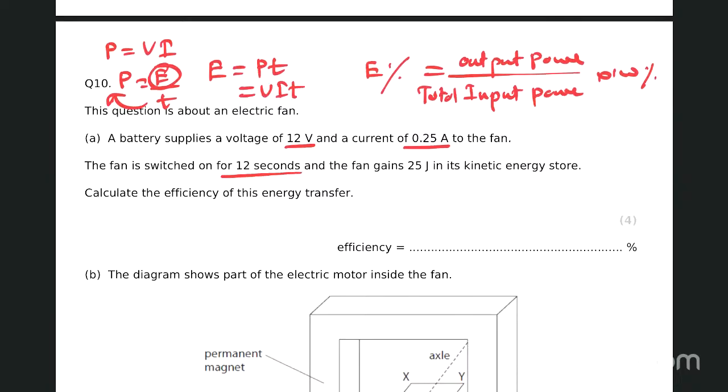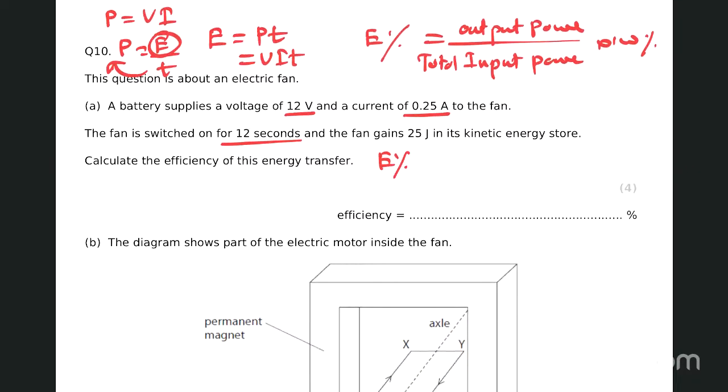So the fan gains 25 joules in its kinetic energy store. So the efficiency value will be equal to 25 joules over 12 into 0.25 into 12 seconds, multiplied by 100%, right? Then you will be getting an answer.